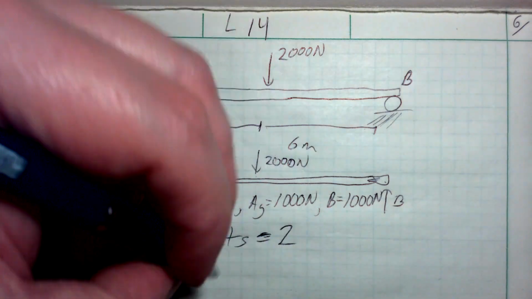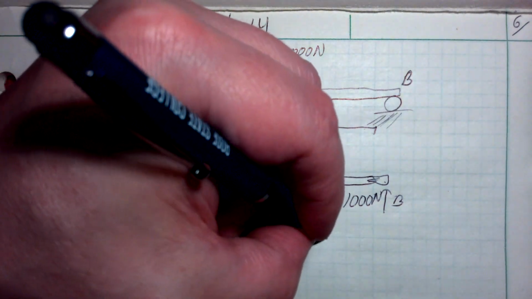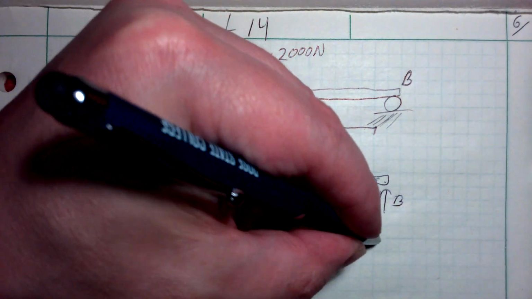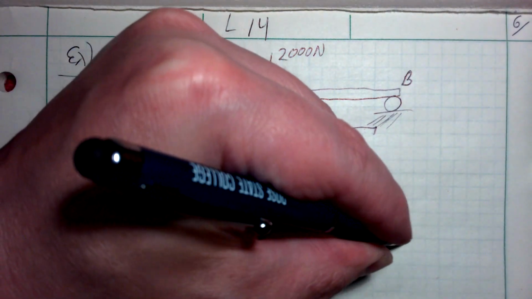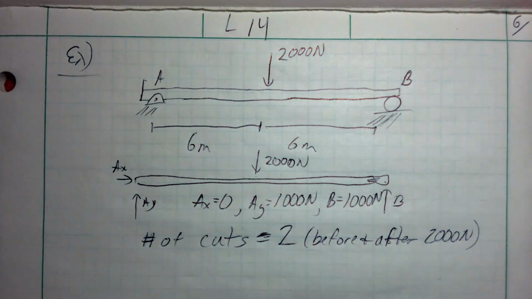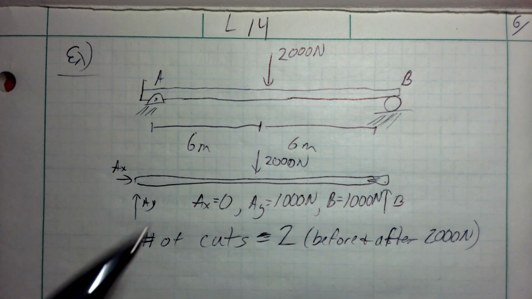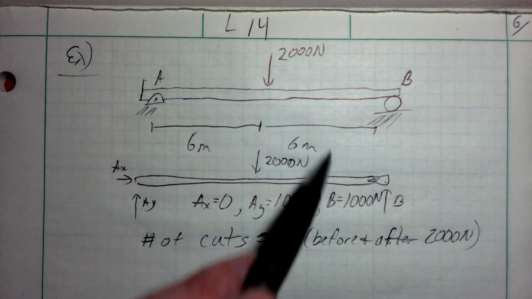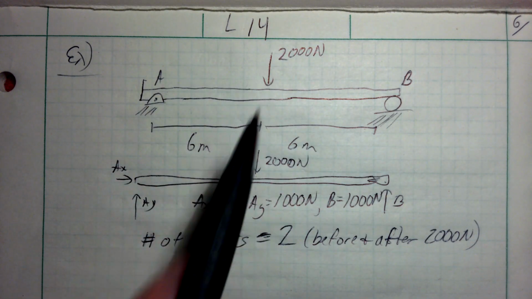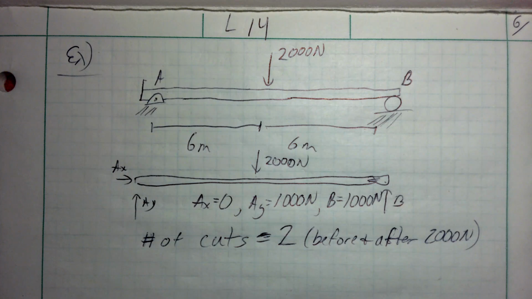Now that's going to be before and after your applied load of 2,000 newtons. And again, anytime I've got an applied load, I need to make sure and put a cut on either side of that applied load. In this case, I just have one here in the middle, so I'm going to make a cut on either side of it.